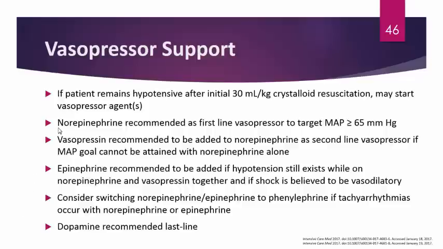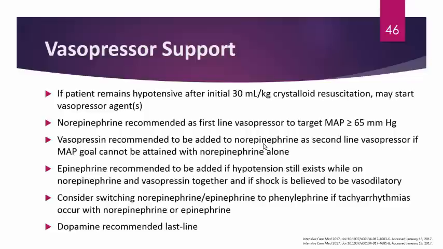Now, if you titrate up your norepinephrine and you realize that your patient's still tanking and has a MAP less than 65, at that point you can add vasopressin as your second-line agent on top of norepinephrine. Now, the benefit of vasopressin in sepsis is that vasopressin can actually be depleted in patients with severe shock, whenever patients are in prolonged shock.